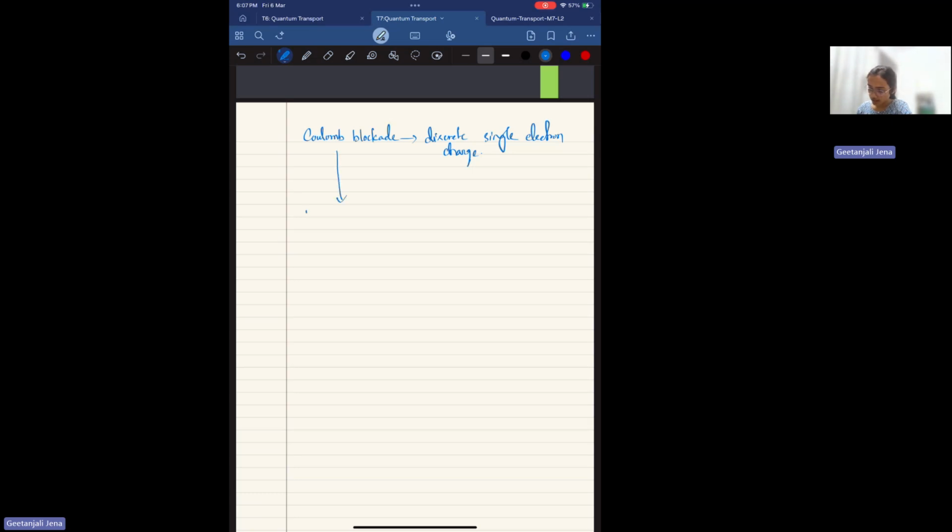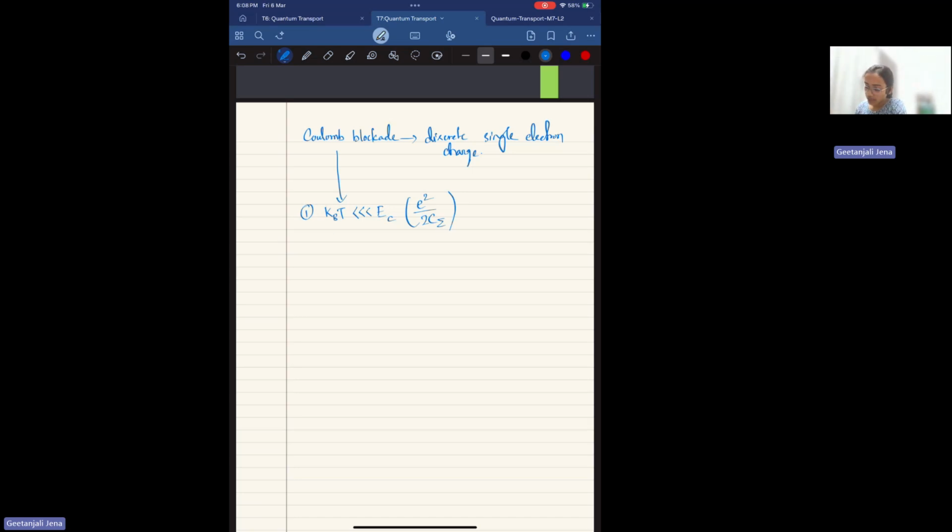The first condition is that the thermal energy, which is k_B T, should be much less than the electrostatic charging energy, which is given by e^2/2C_Σ. Here C_Σ is the total capacitance of the circuit, taking the gate capacitance and the source and drain capacitances into account. So this is the net capacitance of this circuit.